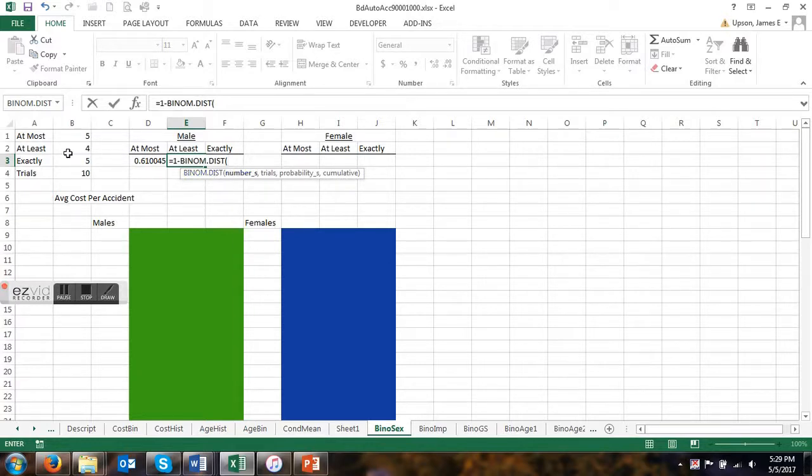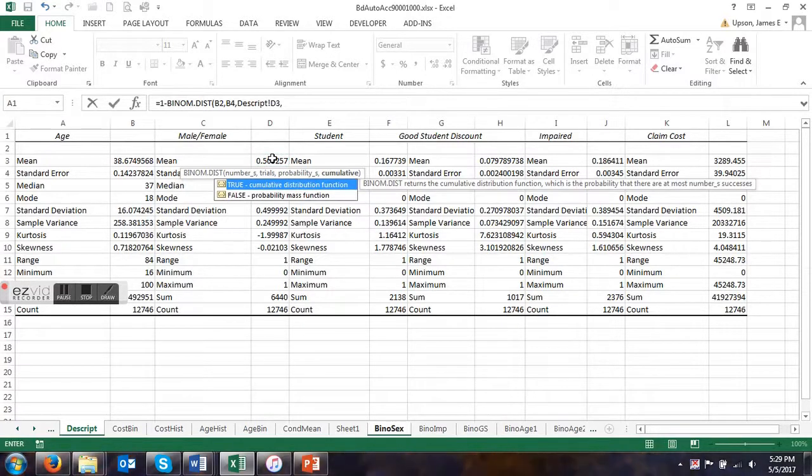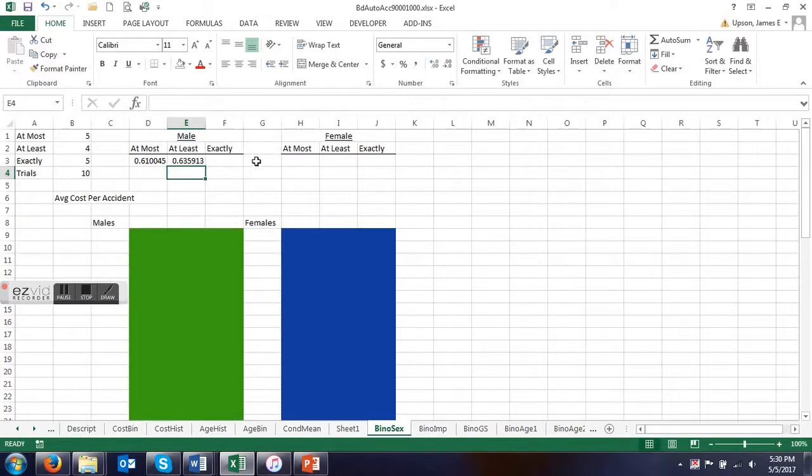Then the number of successes, so at least 4, comma, and out of 10 trials, comma, with our probability. Come back to our descriptive statistics, male, female, and we pick our proportion, the average, and then we also want a cumulative function. So it's saying there's at least a 63% probability of having at least 4 males involved in the accident.